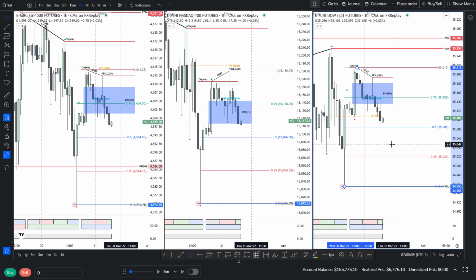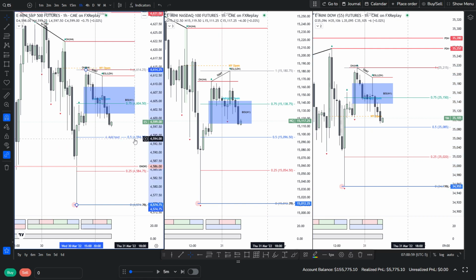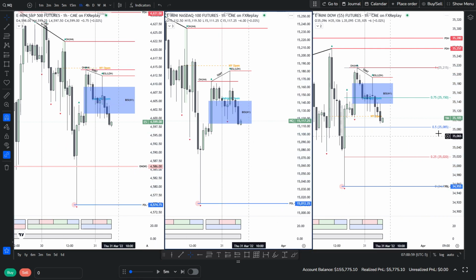Probably YM is closer, but yeah, NQ probably the most volatile. So again, you know, that could be interesting in itself. But it's marginal between them all.